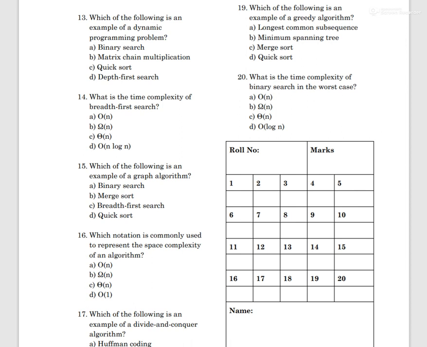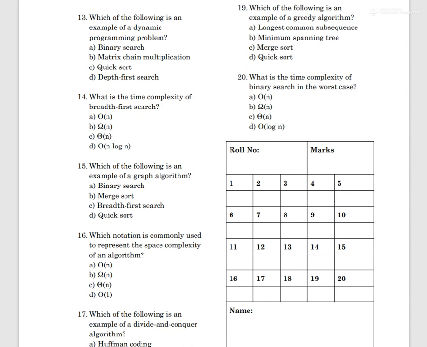So breadth first search and depth first search are both two types of techniques which we use to traverse through a tree and search for a specific element. Both are done in different ways, that's why both have different time complexities, but both are graph algorithms. So here the correct option for question number 15th is option C, breadth first search.